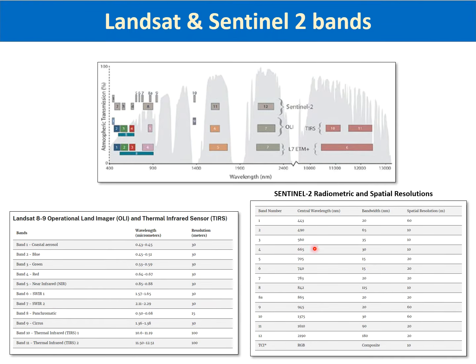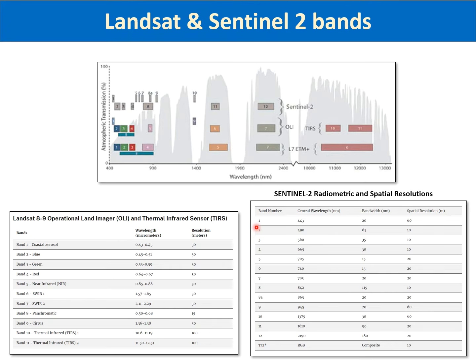When it comes to Sentinel-2, it has finer resolution. It is from the European Space Agency under the Copernicus Land Monitoring Service. It acquires imagery in 13 multispectral bands, and most of the bands are at a spatial resolution of 10 meters. There are other bands at 20 meters and 60 meters.